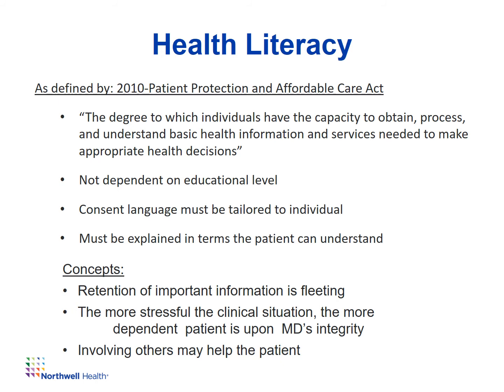An individual may be highly knowledgeable and skilled in a certain field or an area of expertise, yet not understand the jargon, the language, or the concepts involved in healthcare. Therefore, consent language must be tailored to an individual, and consent items must be explained in terms that the patient can understand. Consider the concepts that follow.